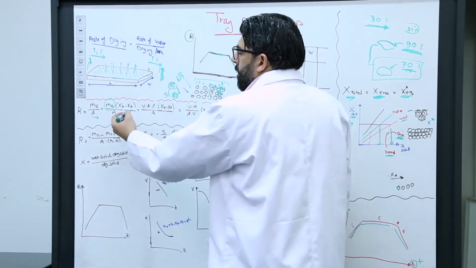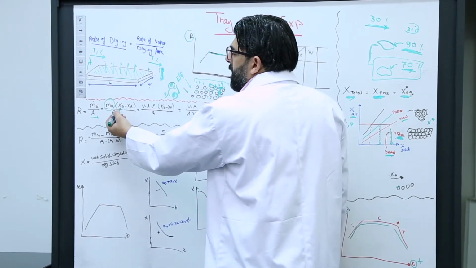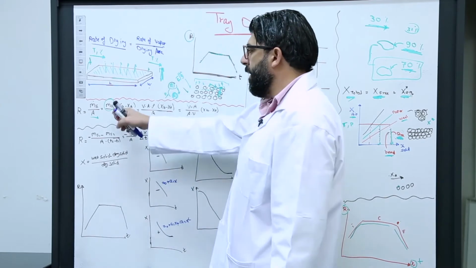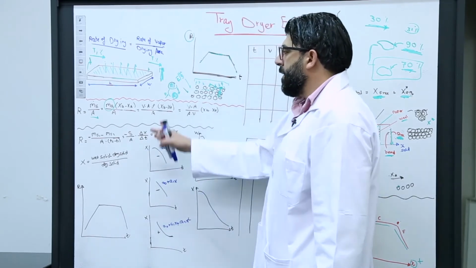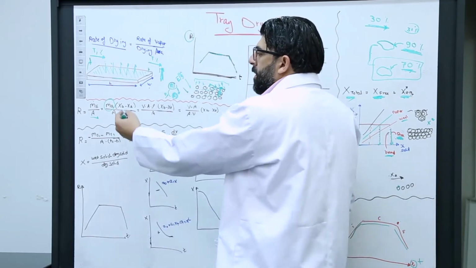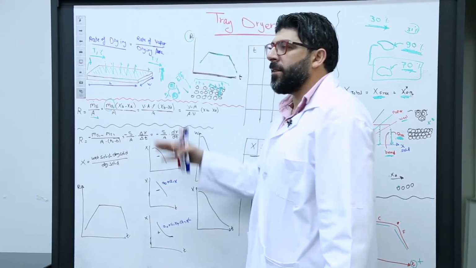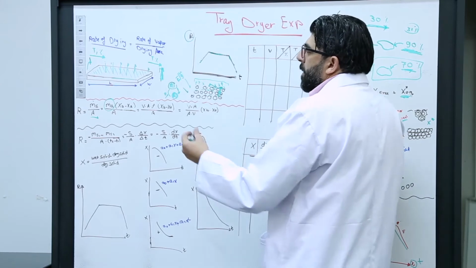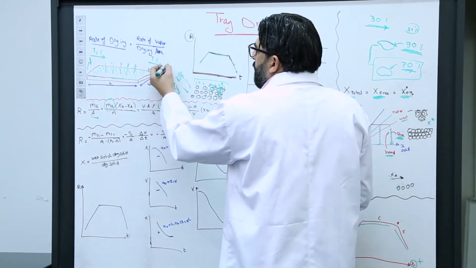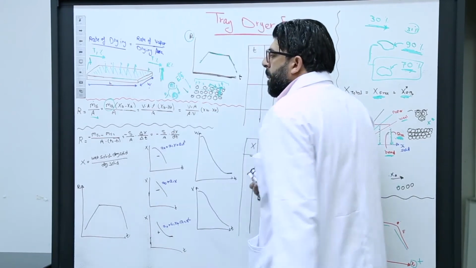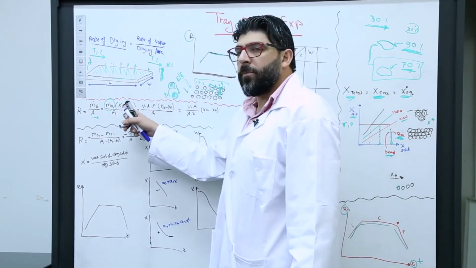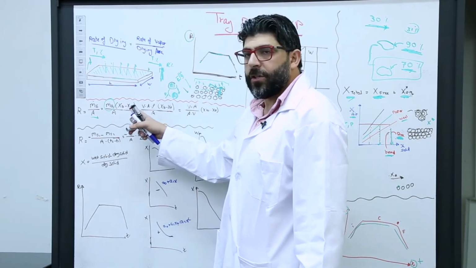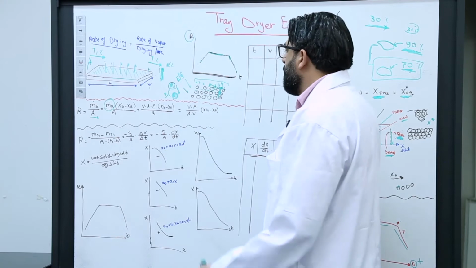So we determine X_P minus X_A over A. Now, how to determine X_P and X_A? We can determine them by using the psychrometric chart. The probe here measures something called relative humidity, and here X should be in terms of mass fraction or absolute humidity.